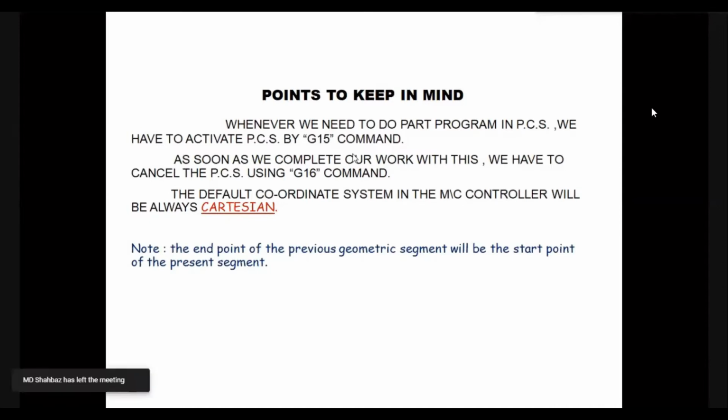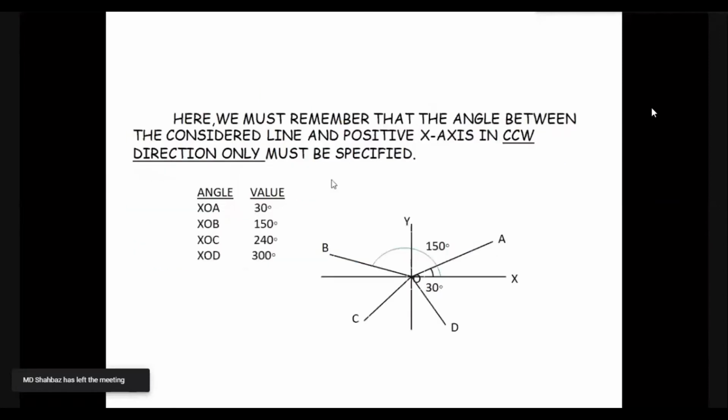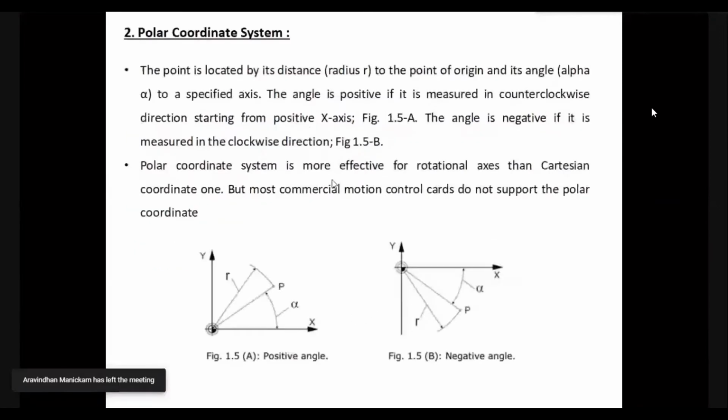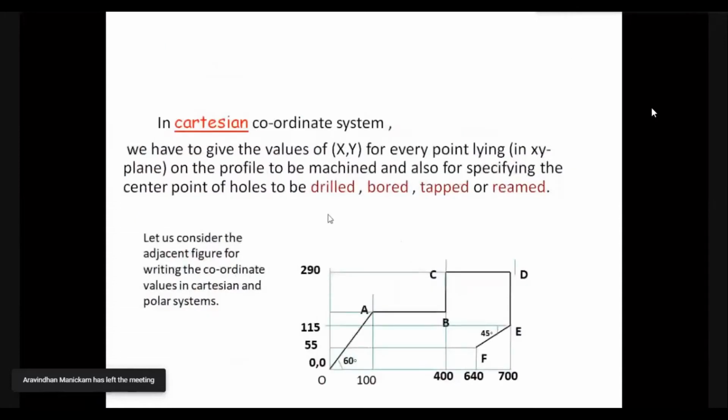For example, let us get back to the slide previously. Here you see, O is the start point and A is the end point. And for AB, A is the end point of the first line and the start point of the second line. Similarly, B is the end point of the second line and the start point of the third line. That means the end point of the previous line, or even an arc, the end point of the previous geometry is the start point of the next segment. Just remember that.